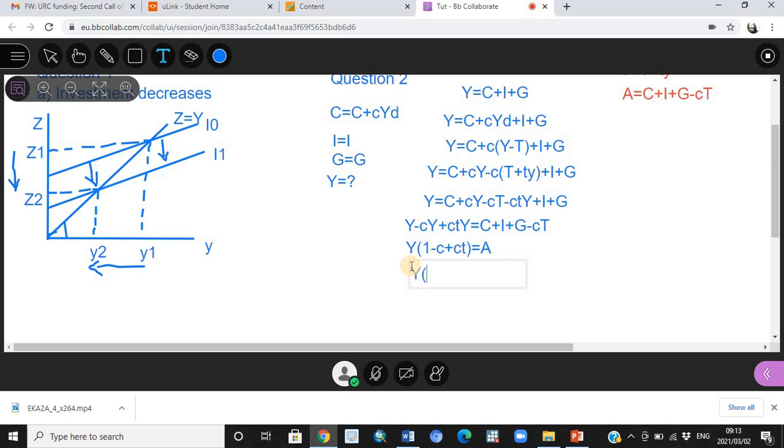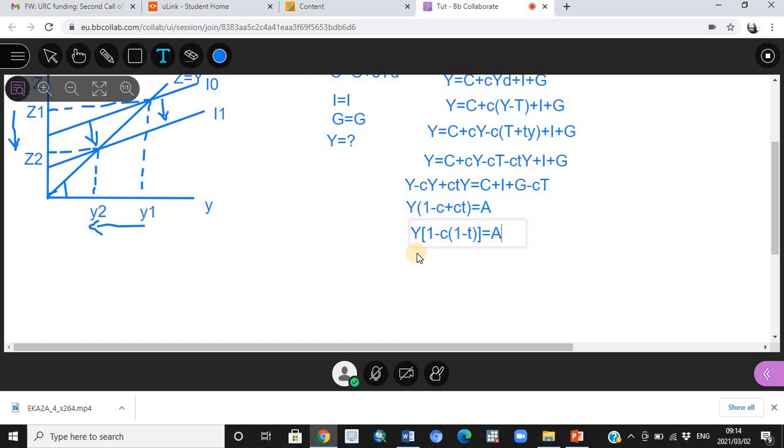Y, let's just factorize again. Y multiplying 1, I'm just going to use a square bracket, 1 minus c, open the curved bracket, 1 minus t, and close the square bracket, this should be equal to A. Since we are just looking for Y, we're going to move the other part to the right hand side.